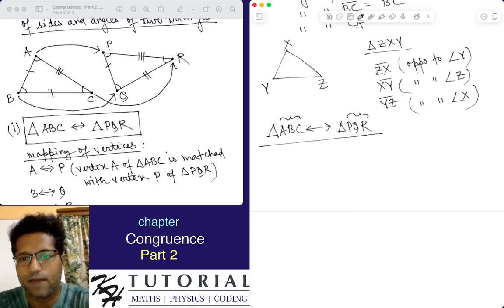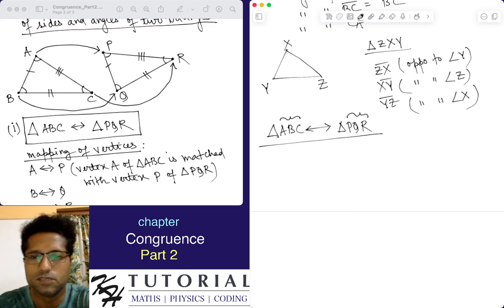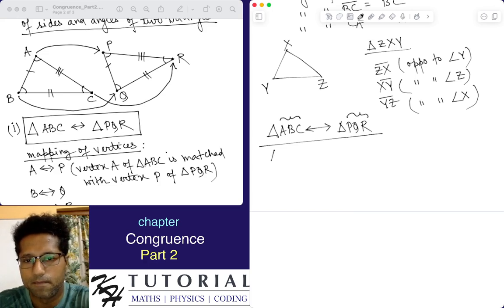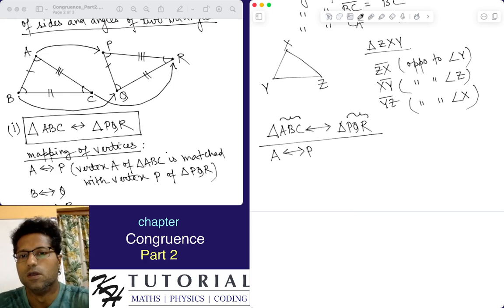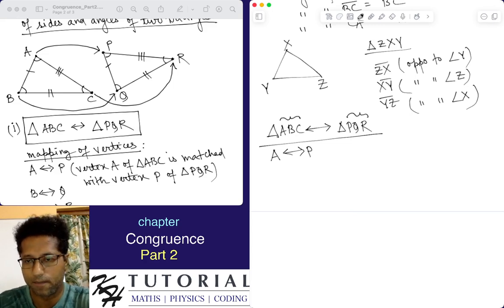Now, if I say that triangle ABC has a correspondence or matching with triangle PQR, this means I am mapping the vertex A of triangle ABC with the vertex P of triangle PQR. So I take the first letters. What are the mappings of the vertices?